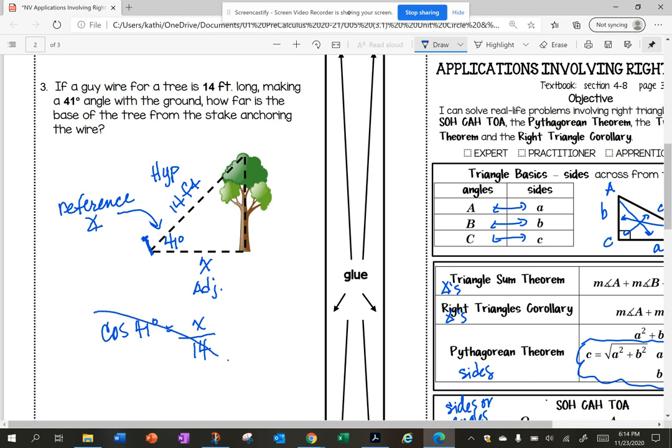So I'm going to solve for x. X equals 14 times the cosine of 41 degrees. And I put the 14 in front of the trig word, not afterwards. That is standard placement. So x is approximately 10.6 feet. Okay, that's it.